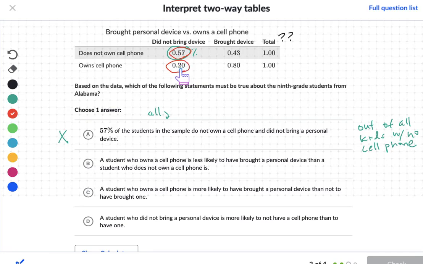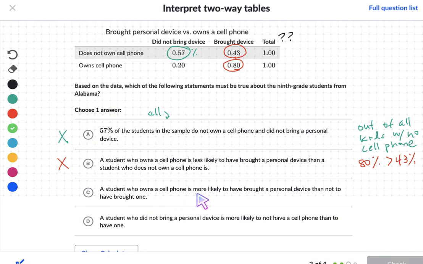Oh, sorry, wrong one. These guys, less likely. Oh no, that's not correct. A student who owns a cell phone is not less likely to bring it. They're more likely to bring it, right? So no. 80% is actually greater than 43%. That's why I had to read that one correctly.